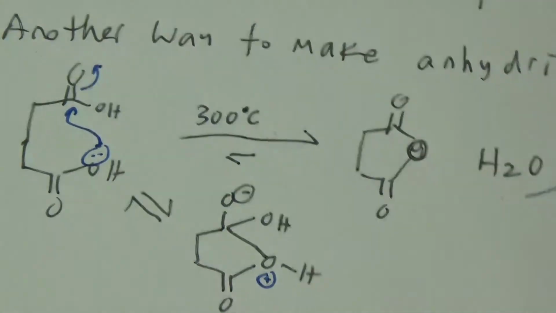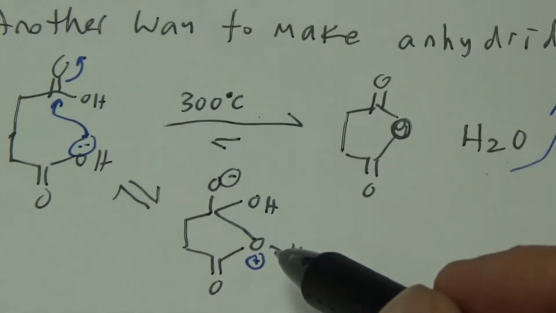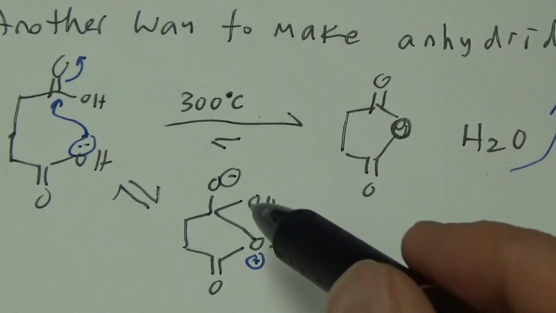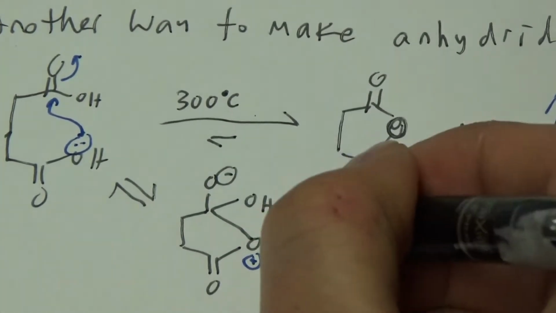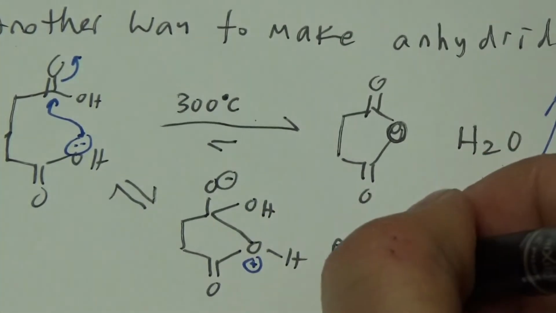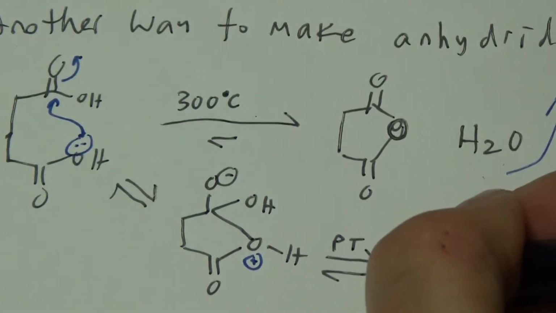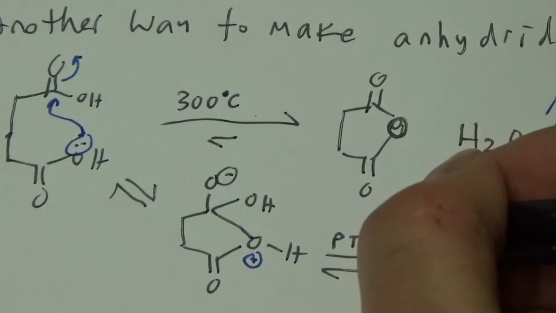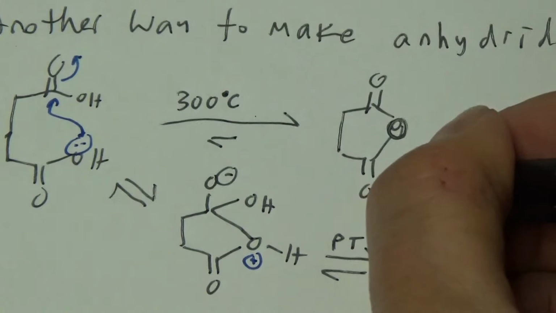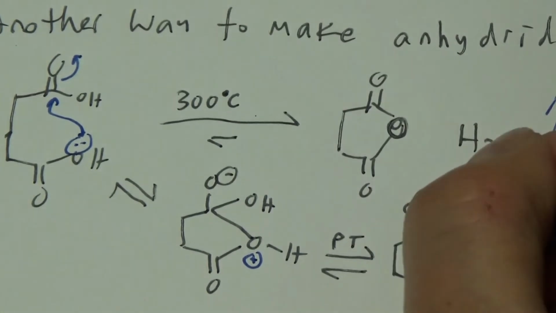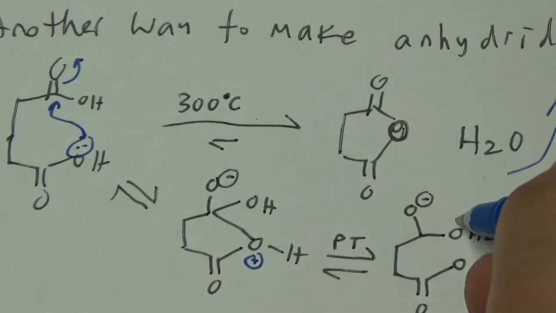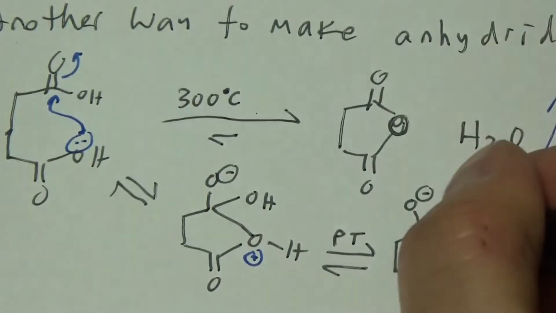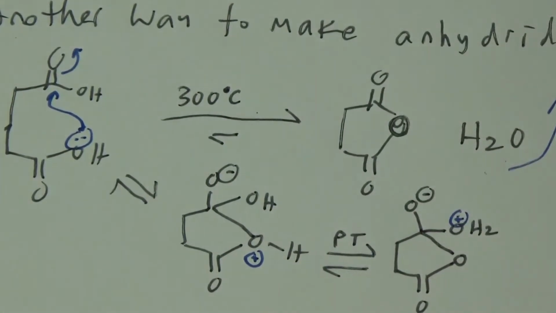Then we PT, maybe from that proton to make this a better leaving group, because it's got to go, right? So we can just PT. And, you know, at high temperature, weird stuff happens, like, that might not happen at low temp. But we get this intermediate with a water, right? And then this, right?